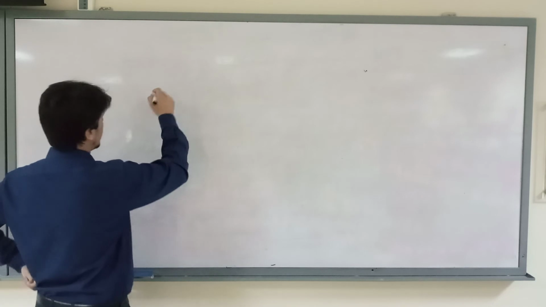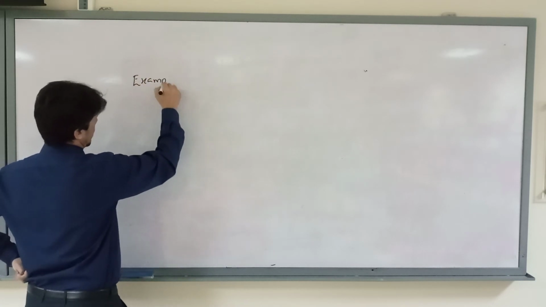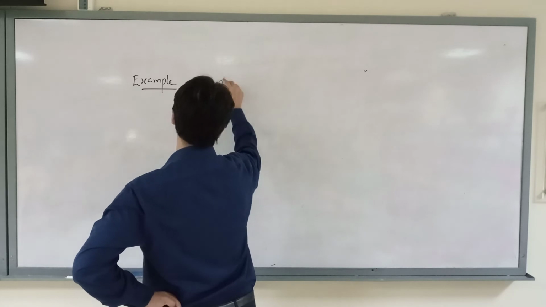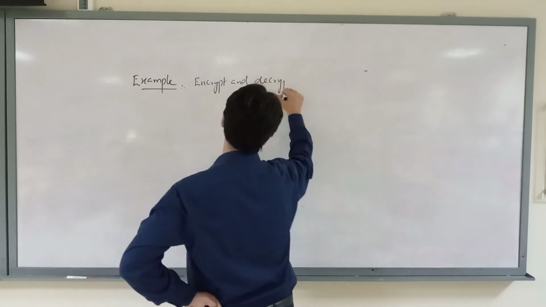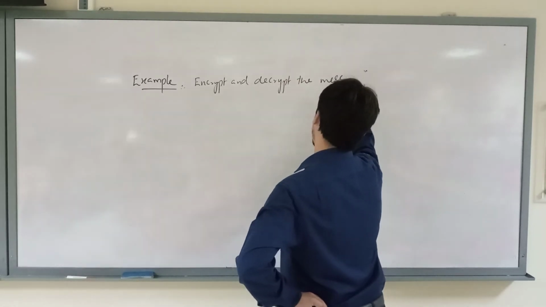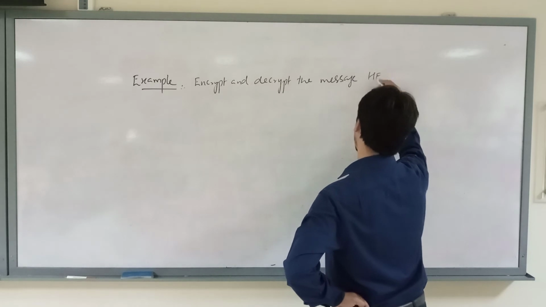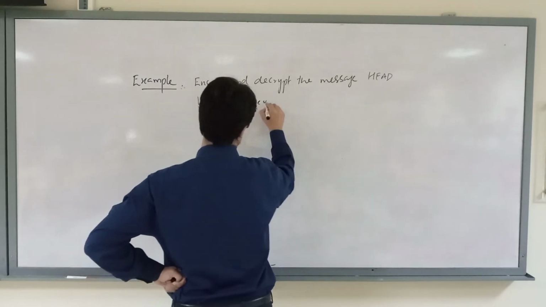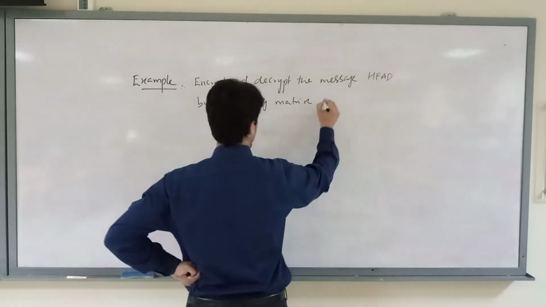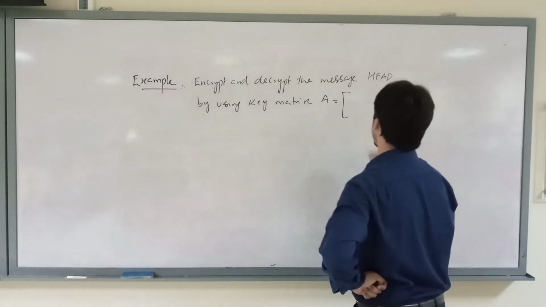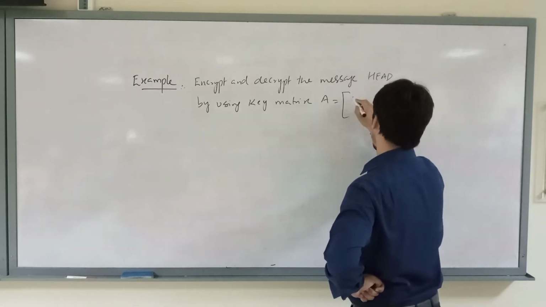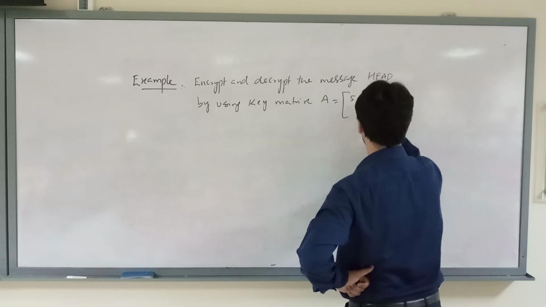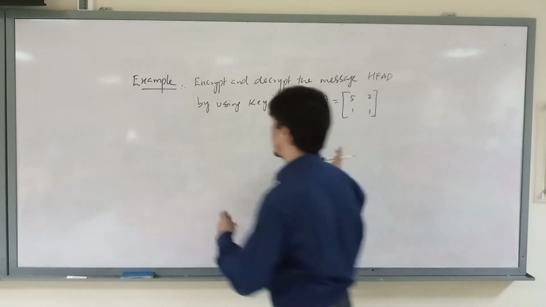So if you can see the example. How can I select this matrix A?